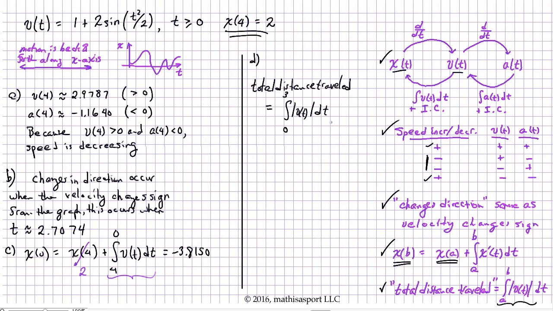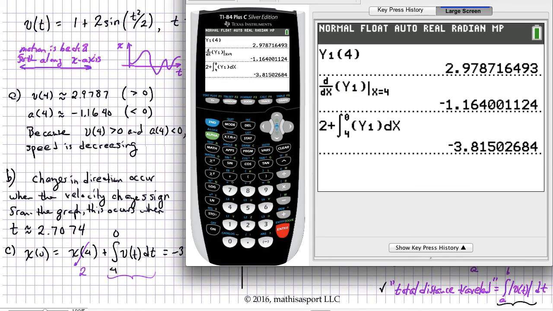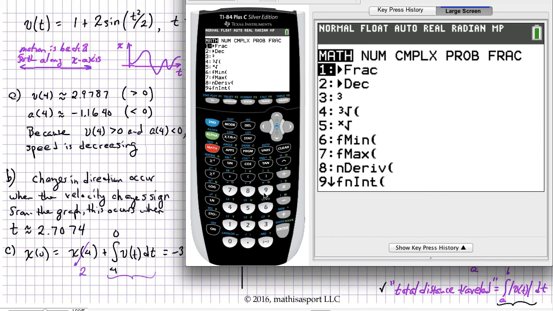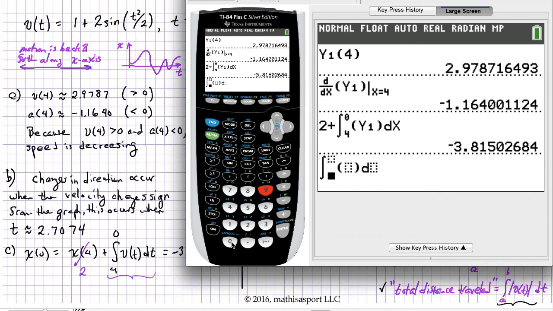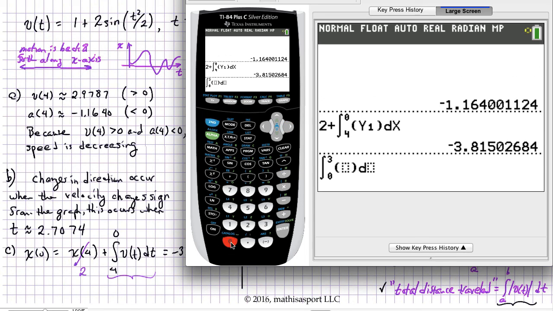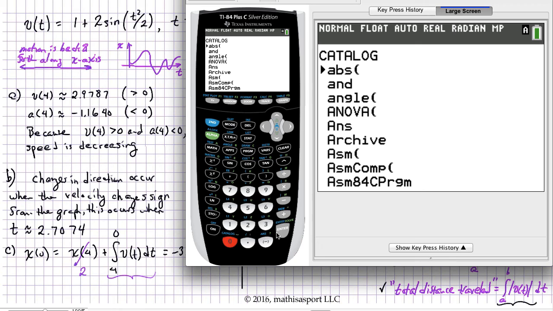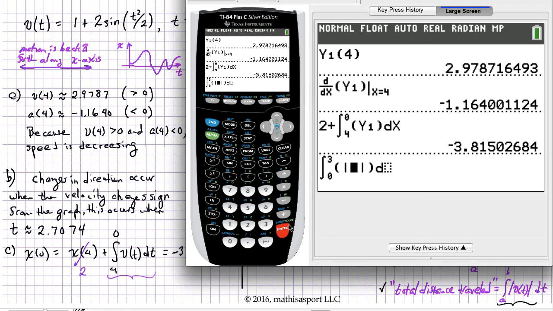But we can easily calculate this again on the calculator referencing y1. I'll just say math 9 from 0 to 3. And then putting in y1 is not what I want. What I want to do is make reference to the absolute value, which is the very first entry in the catalog.